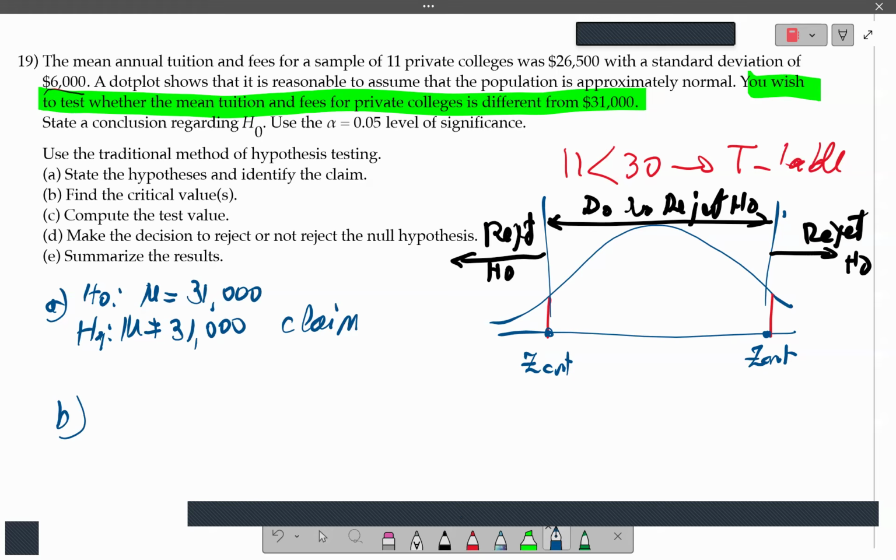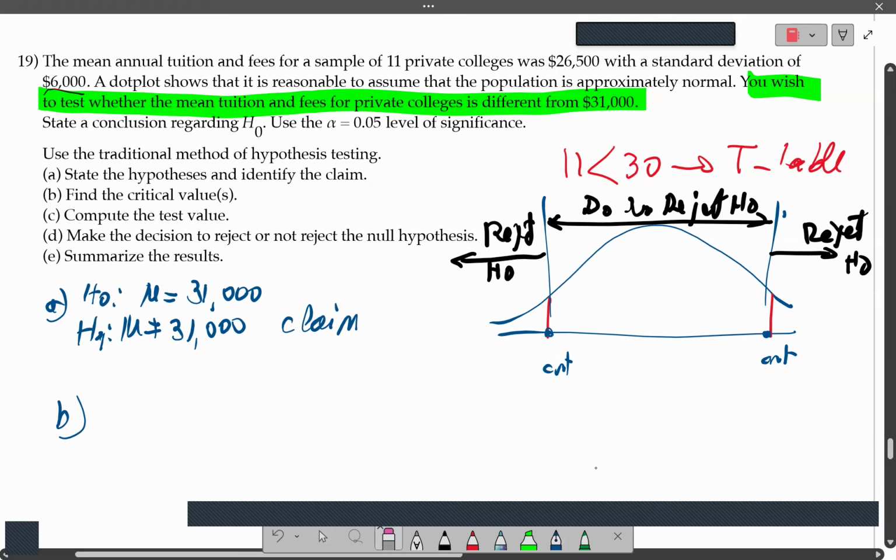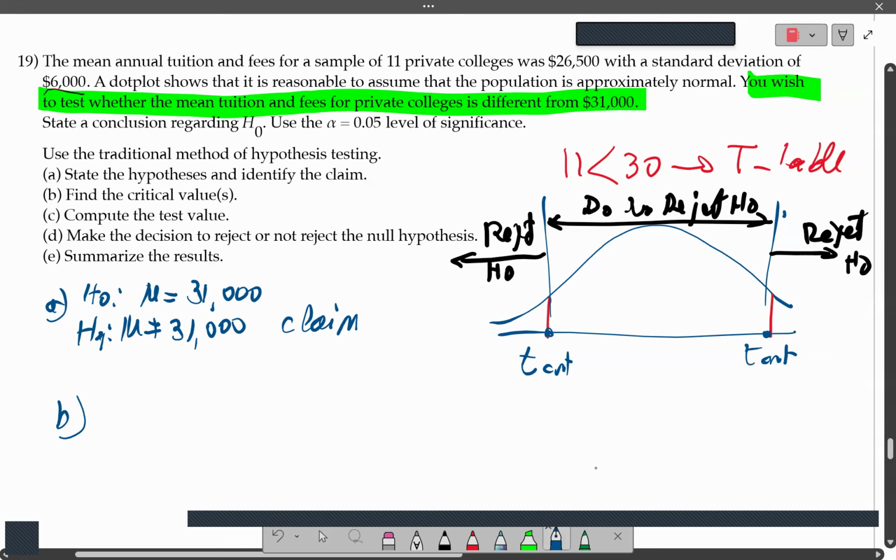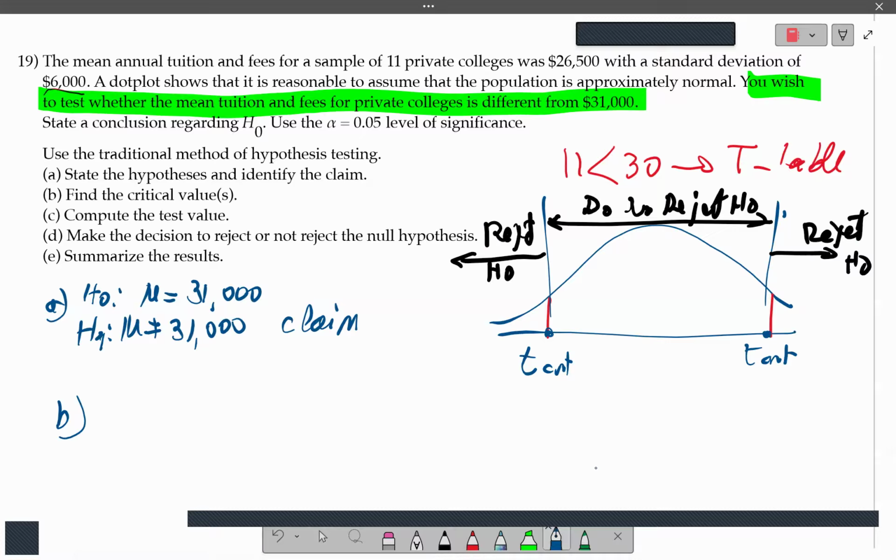Oh, I'm sorry, guys. I said Z critical, that's T critical, since I said the T table, right? All right, find the critical values. So what are the critical values? T critical. In order to find the T critical, what I need is degrees of freedom, which is n minus 1, and that's going to be 11 minus 1, which is 10.